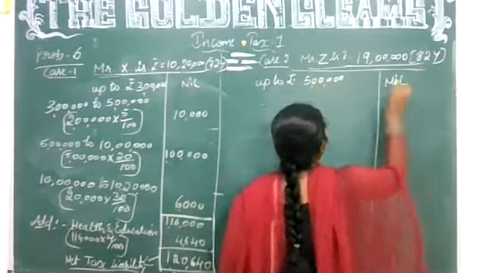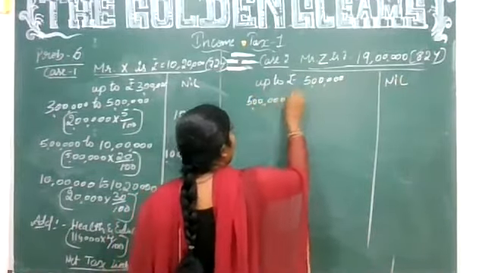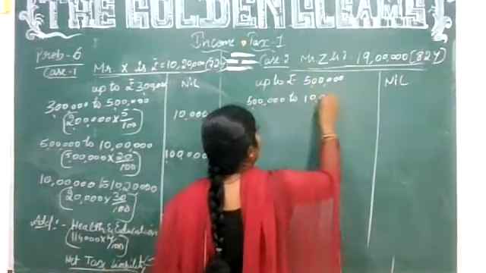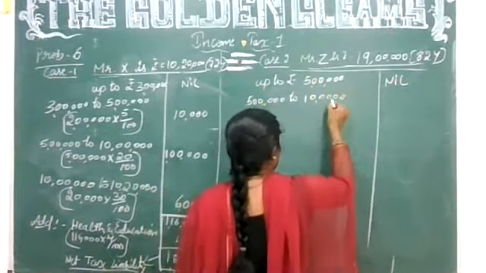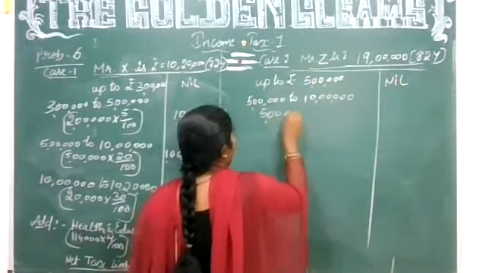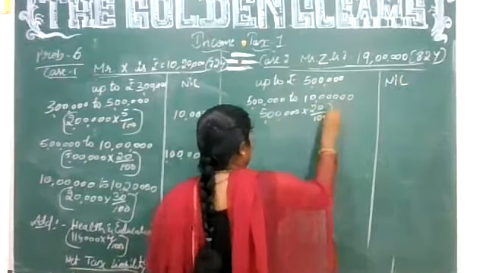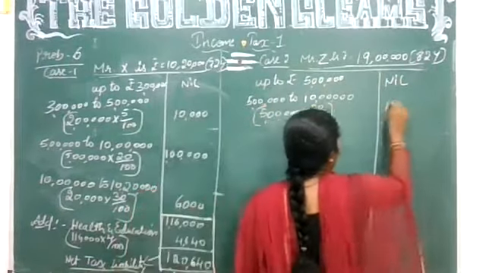That is nil. Next, 5 lakh to 10 lakh, 20%. The 5 lakh into 20 divided by 100 is 1 lakh.